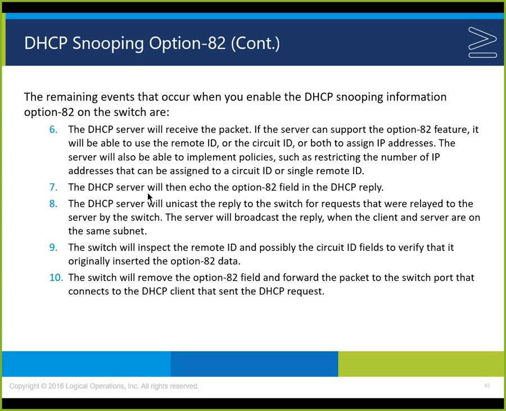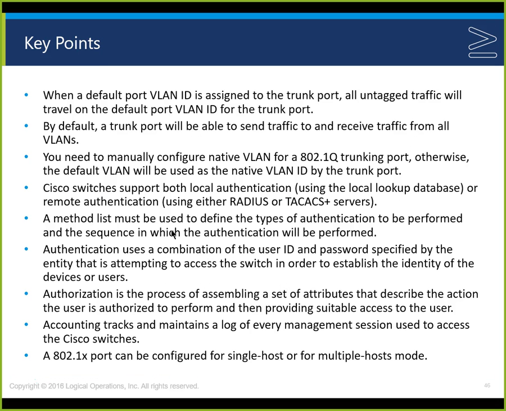The DHCP server gets the packet and will echo the option 82 field in the reply. The server will reply with a unicast, or broadcast the reply when the client and the server are on the same subnet. So what all this is saying is that option 82 allows DHCP to function if we have DHCP snooping enabled.